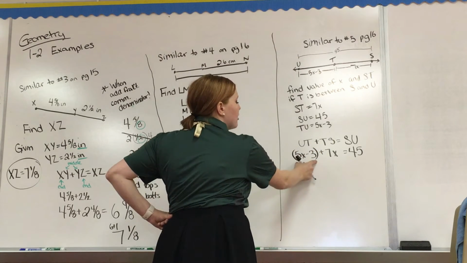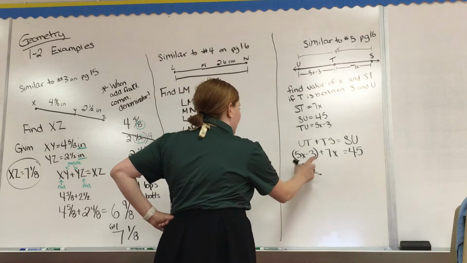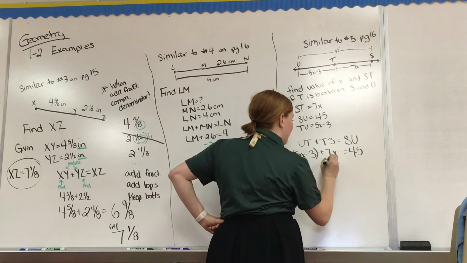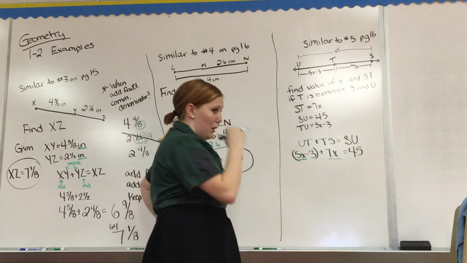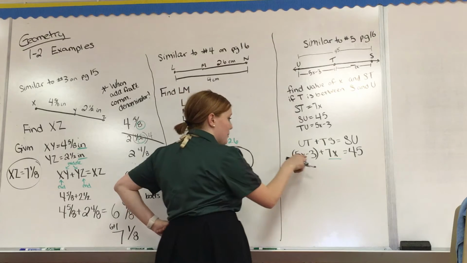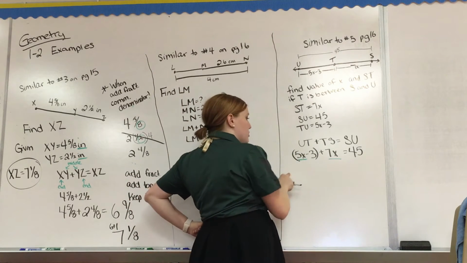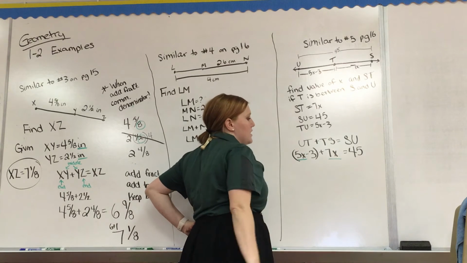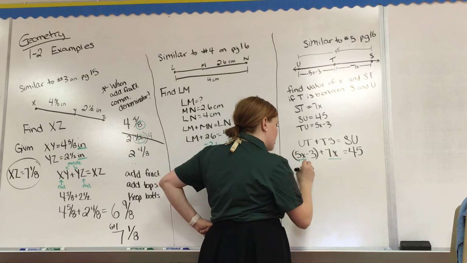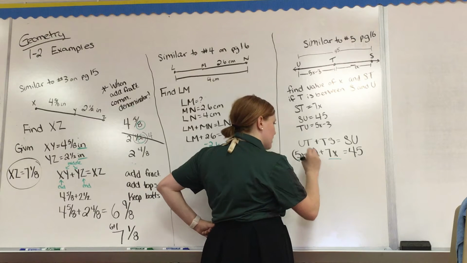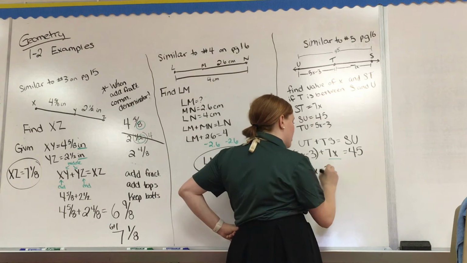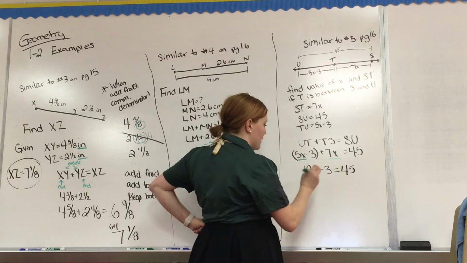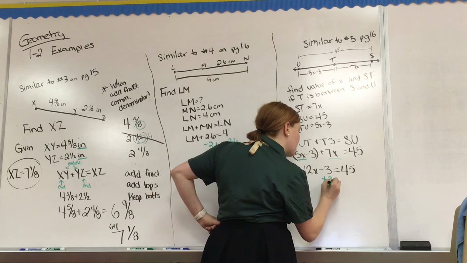Make sure we keep that together in parentheses for negatives and stuff like that. So what are we going to do? First off, those x's are both to the first power, so we can combine like terms. What's 5x plus 7x? We get 12x. What are we left with? Minus 3. This equals 45. The next step, you guys know this, is adding 3 to both sides.